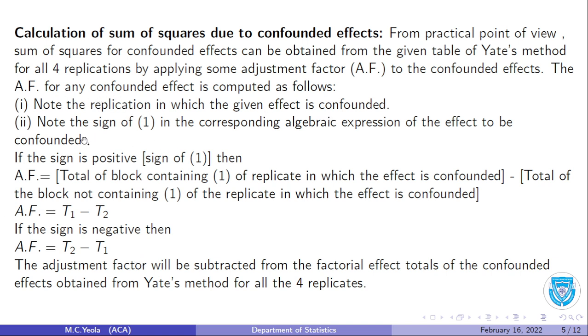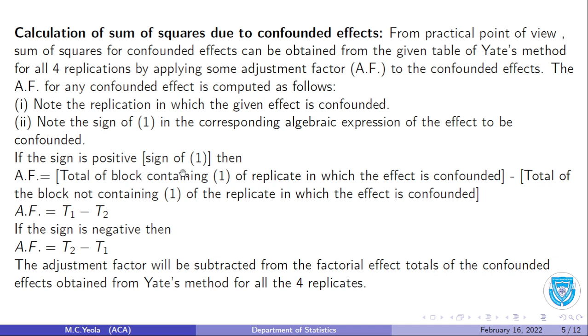Then, note the sign of 1 in the corresponding algebraic expression of the effect to be confounded. Suppose NK is confounded somewhere; we have the algebraic expression for that NK. By observing the sign of 1 in that, we decide how to find the adjustment factor.